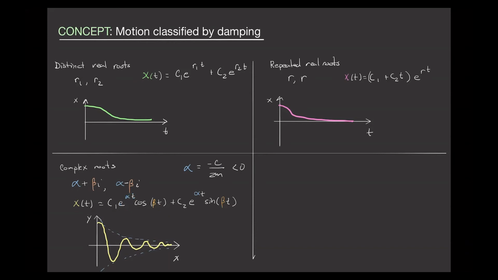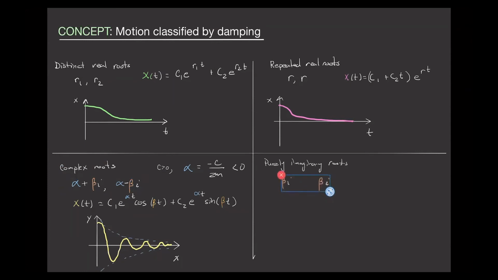The only other possibility is if c is 0. So this does assume that c is greater than 0, which in general, it'll be greater than 0 or it could be equal to 0. Now, the last case is essentially a subcase of complex roots, and that's if you have purely imaginary roots. That is, you have, let's say, I'm just going to grab the beta i's here.